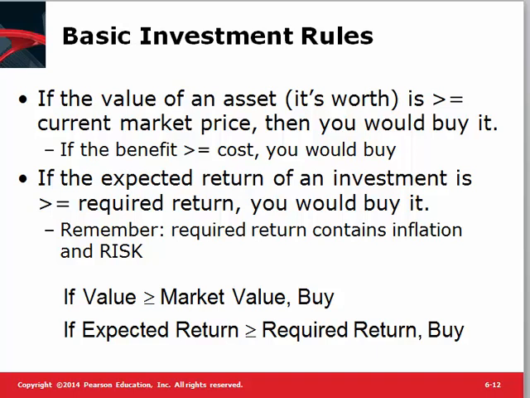Another way to look at this, and quite frankly I think people are a little bit more comfortable looking at percentages, is if the expected return on the investment, that is its yield to maturity, is greater than or equal to what you require, you would buy it. And this required return contains inflation, but it also contains the riskiness of the asset. So we have these two basic rules, and they always will agree with each other. They'll never be in conflict with each other.